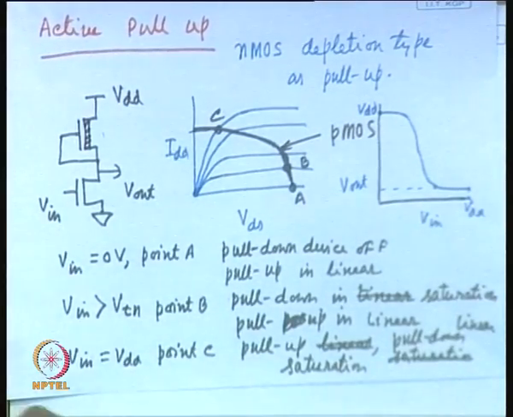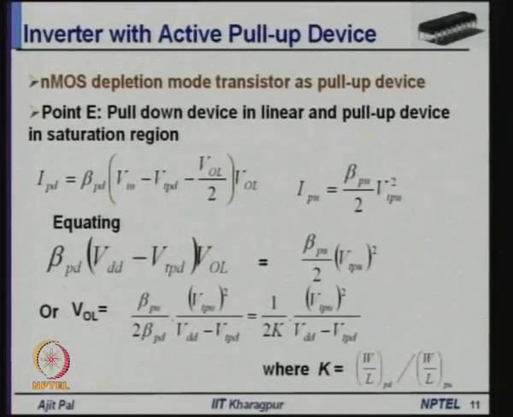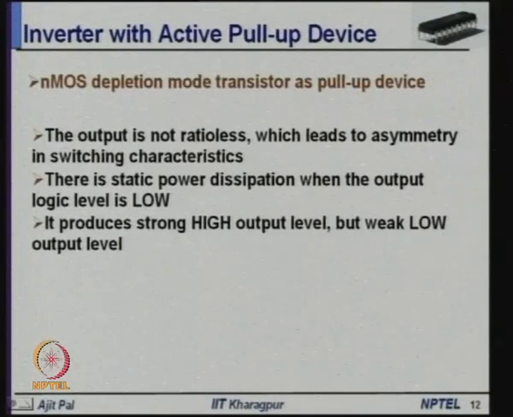So, what we can say about its advantages and disadvantages. Whenever you are using an NMOS depletion mode transistor as pull-up device, we find that the output is not ratioless. What do you mean by that?